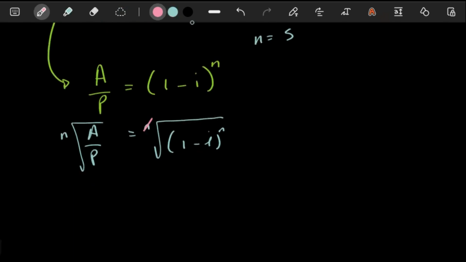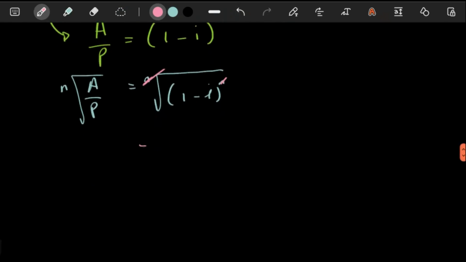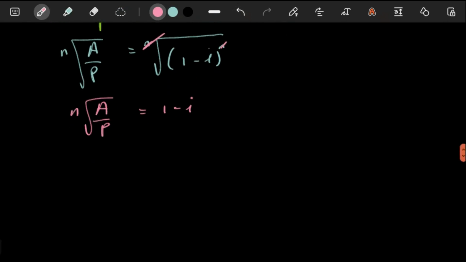So this will cancel that, and you're going to have 1 minus i. Since we're working out i, I can come over to this side and this can go over to that side, with A over P.